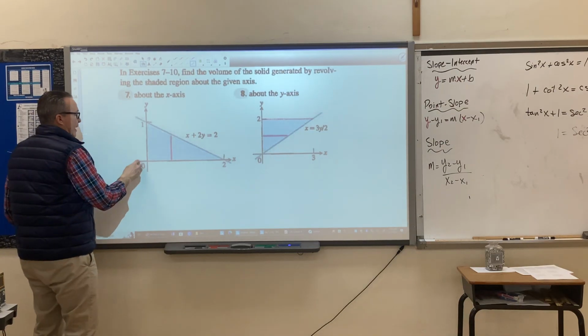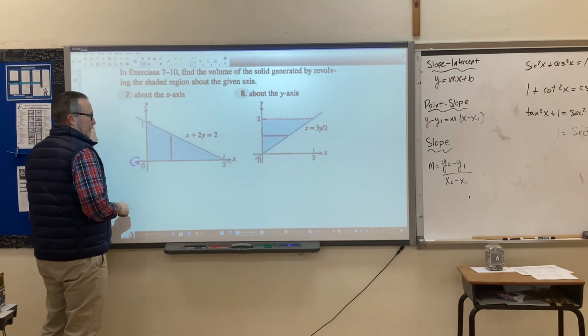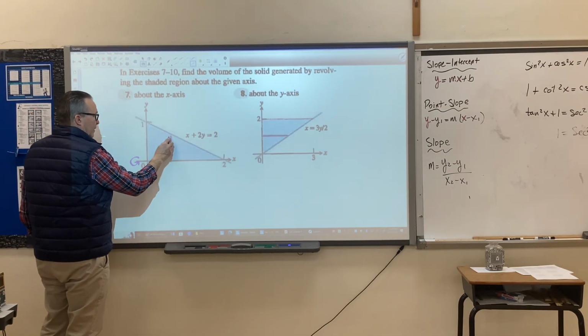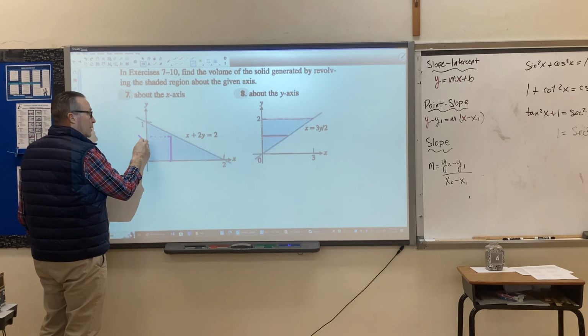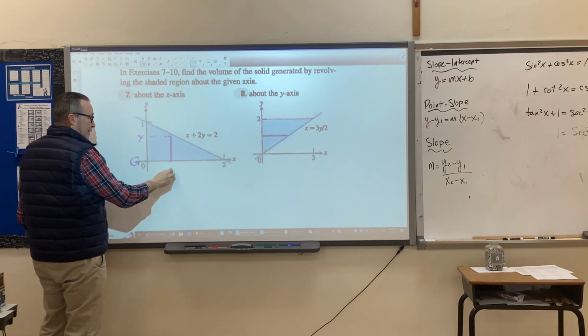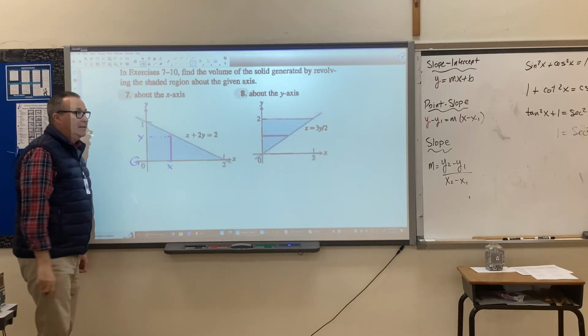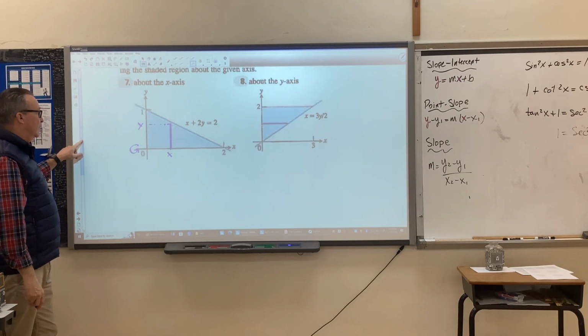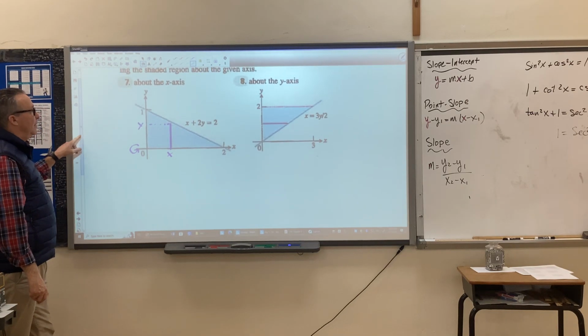About the x-axis, arbitrary rectangle. The height of that rectangle is y. The position of the rectangle is x. So let's do this about the x-axis.